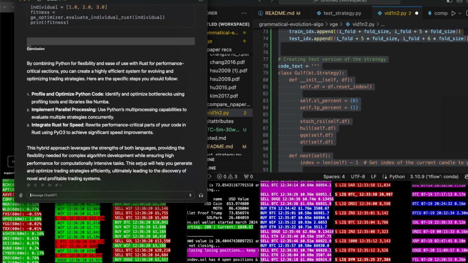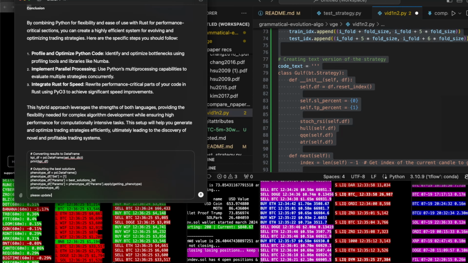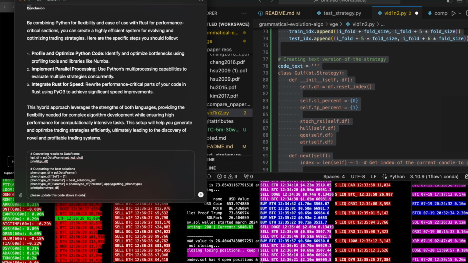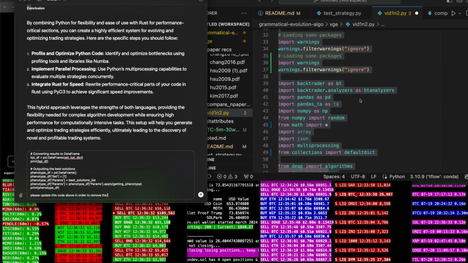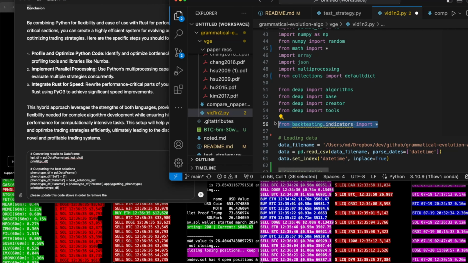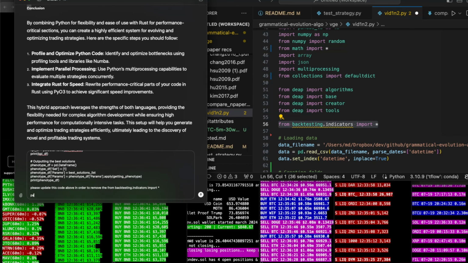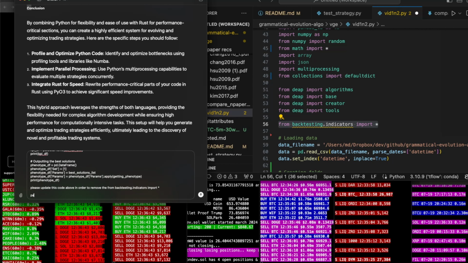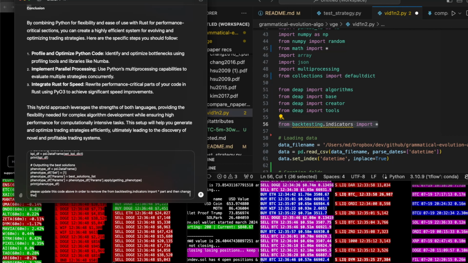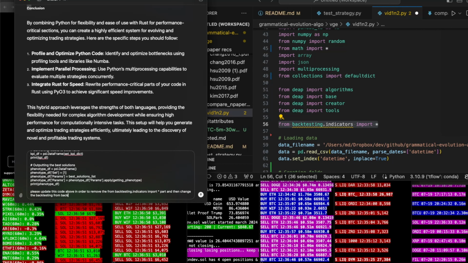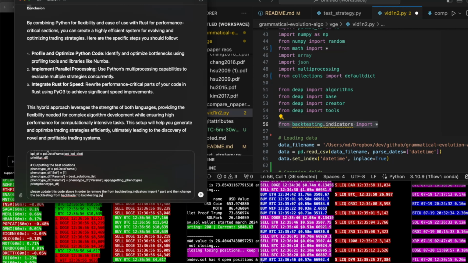So let's say: please update this code above in order to remove the from backtesting.indicators part, and then change the backtesting from backtrader to backtesting.py.